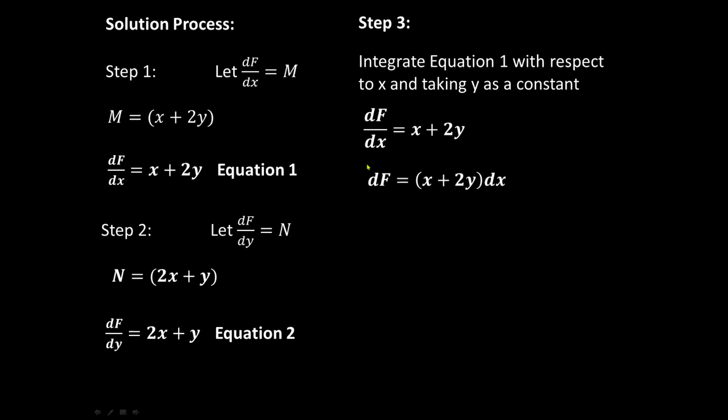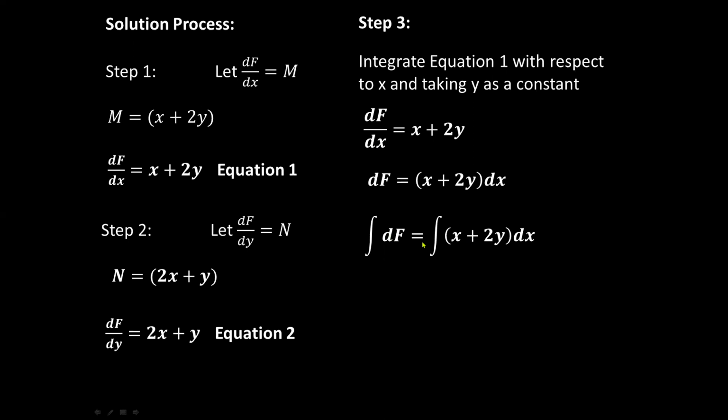Okay, po. So after ng cross multiplication, we're going to input integral sign on both sides of the equation, the left and the right. The integral of df is equal to the integral of x plus 2y dx. And then, ano ba ang integral ng df? F. F lang, anak.